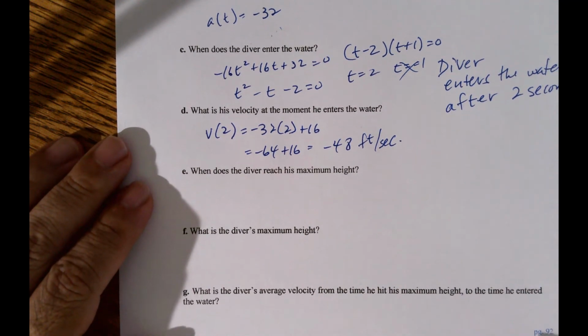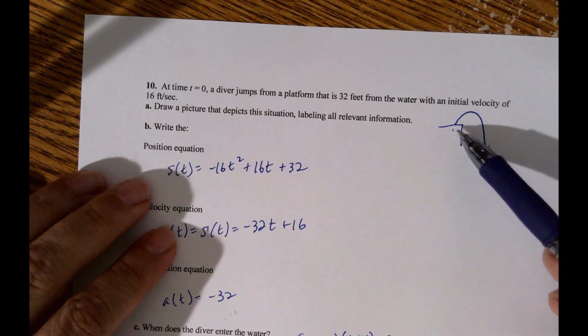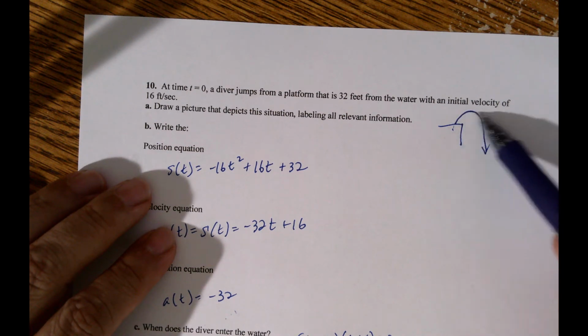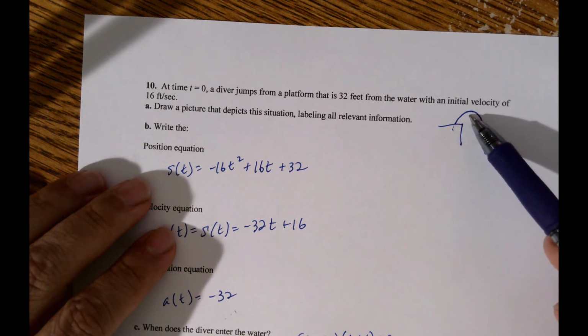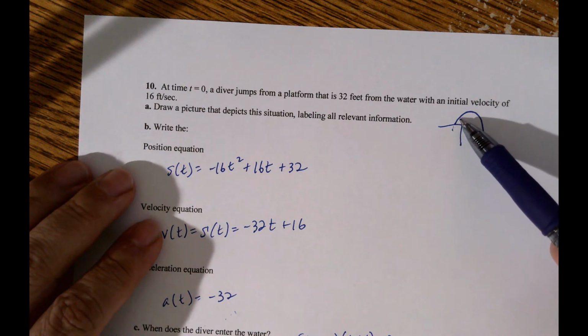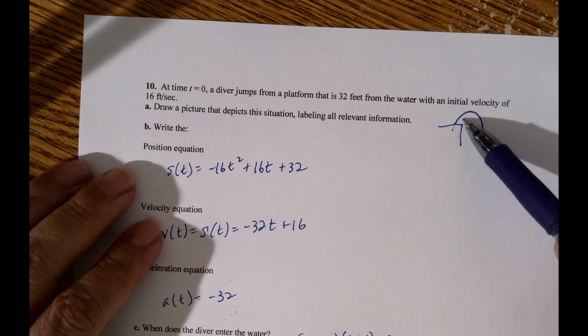When does the diver reach his maximum height? Let's talk about that for a minute. The path the diver is following is pretty parabolic, right? You're reaching the maximum height when your velocity reaches 0. As you go up, your velocity is positive, but you're slowing down as you go higher and higher.